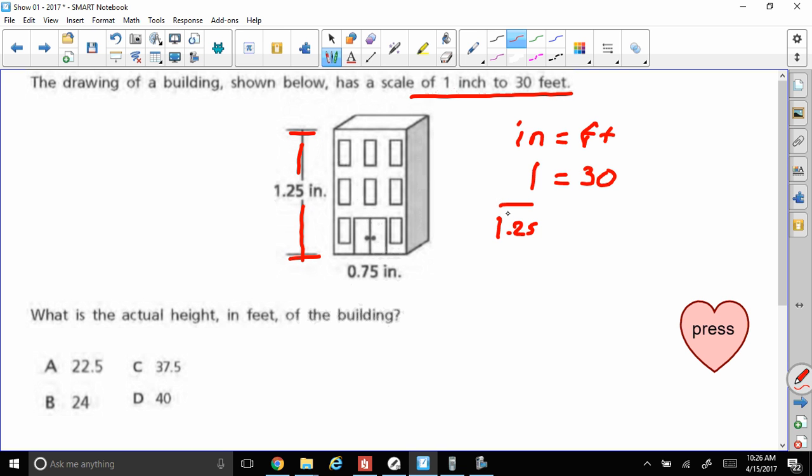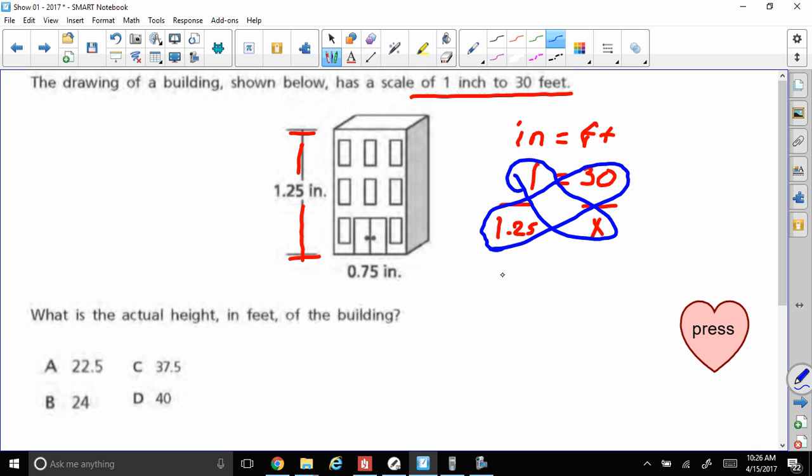So I'm going to put that 1.25 underneath the inches, and I don't know how many feet that is, so I'm just going to solve this equation by cross multiplying, because that's how we solve proportional relationships when we're interested in finding the missing number.